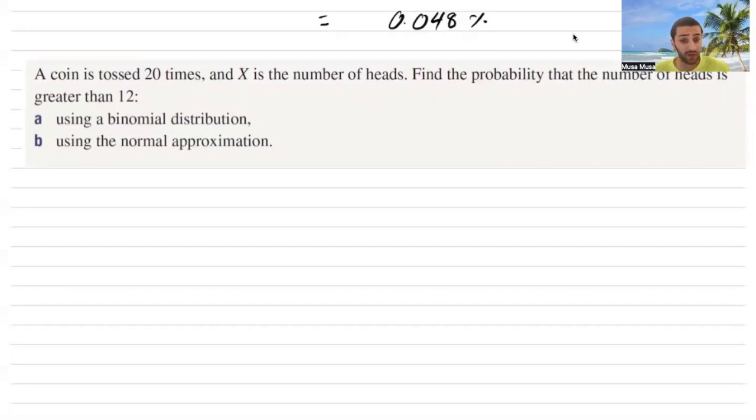A coin is tossed 20 times and X is the number of heads. Find the probability that the number of heads is greater than 12, A using a binomial distribution, and B using a normal approximation. Part A, using a binomial distribution, means give me all the cases.